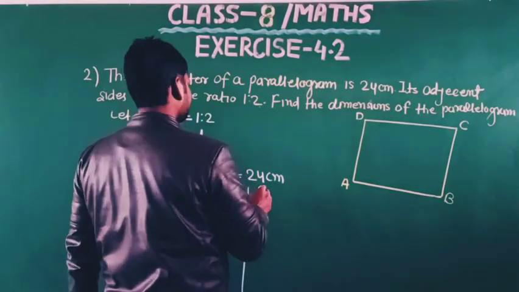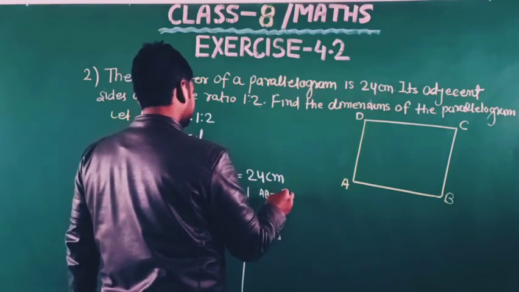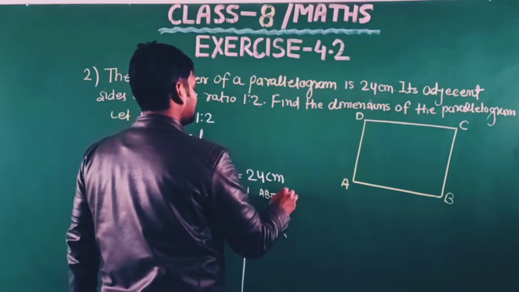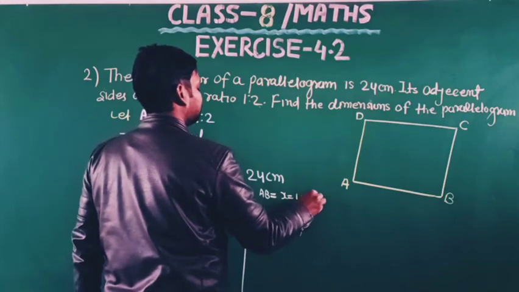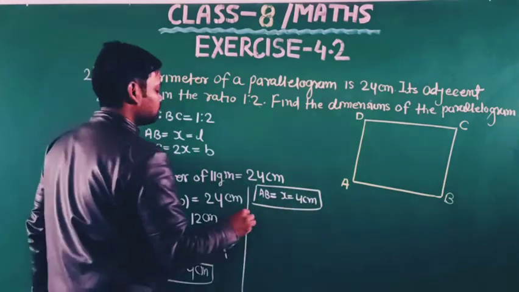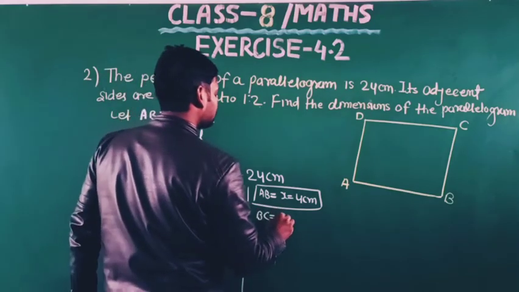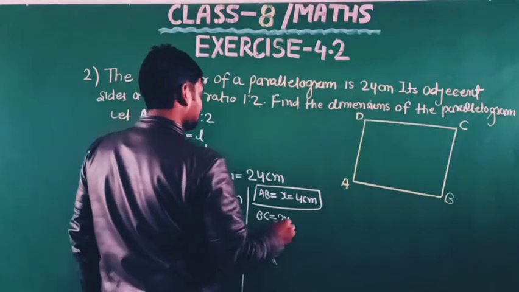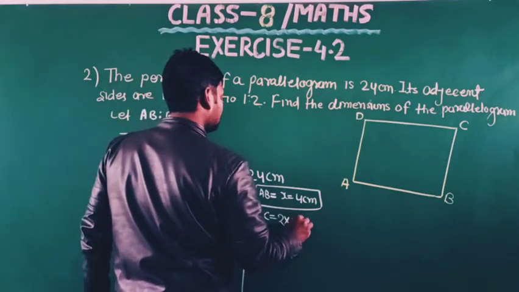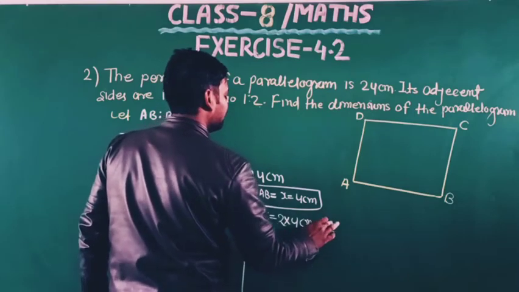Therefore AB equal to x equal to 4 centimeter and BC equal to 2 into 4 centimeter equal to 8 centimeter.